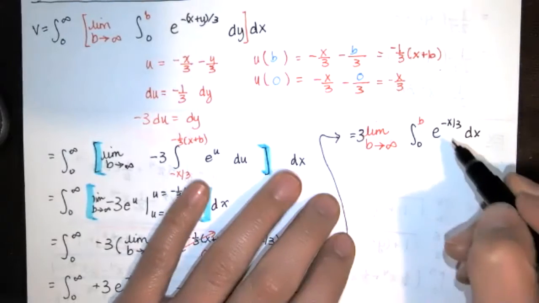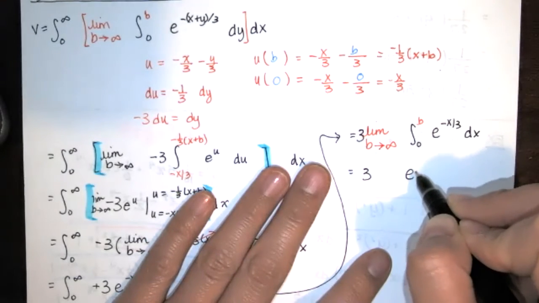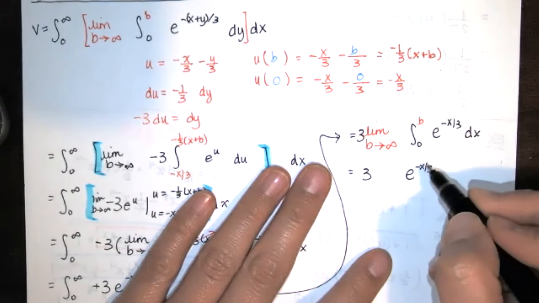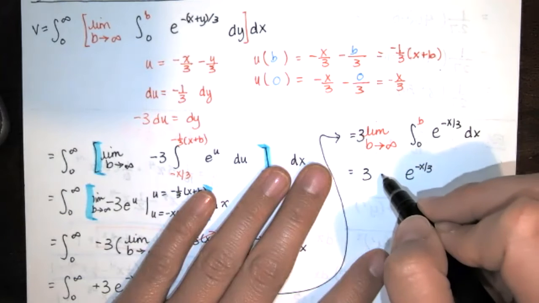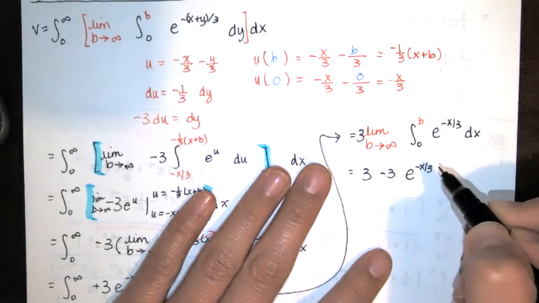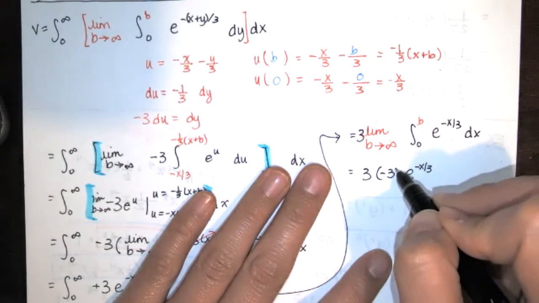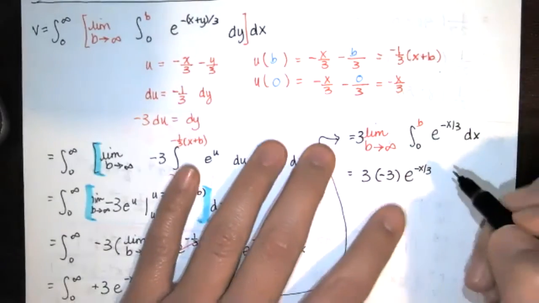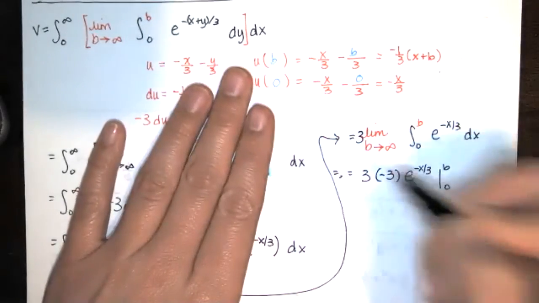Well, that's e to the kx. The antiderivative of e to the kx is e to the kx, and then we have to divide by k. Dividing by k is the same as multiplying by 1 over k, and if k is -1/3, 1 over k is -3. So that's our antiderivative, and then we evaluate that from 0 to b. Oops, I forgot to put my limit there.